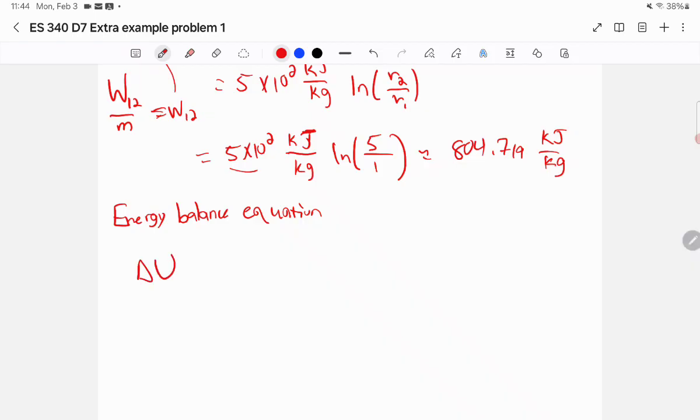It's probably getting a little bit much for me to write these over and over again, so I'm just going to assume that you remember the energy balance equation. We could have to include the kinetic energy and potential energy in certain circumstances, but only if it's clear in the problem that we need them. And I'm going to give this a lowercase q1 to 2 and a lowercase w1 to 2 because these are the specific quantities of each of these.